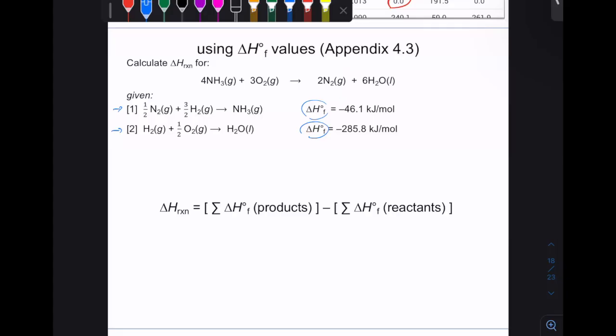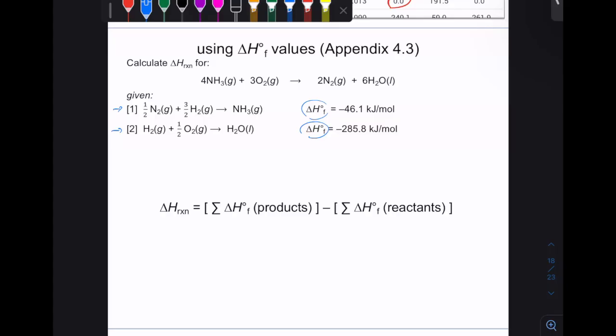How do we manipulate reaction 1 to give us what we want? So we've got nitrogen gas as a reactant. We need nitrogen gas as a product. And we've got ammonia. This is the same as what we did before, right? It's the same exercise. But now how we manipulate it is going to be a little bit different because we're working with a formation reaction. So we're going to take reaction 1, we're going to do it in reverse, but now we have to multiply it by what? By 4.